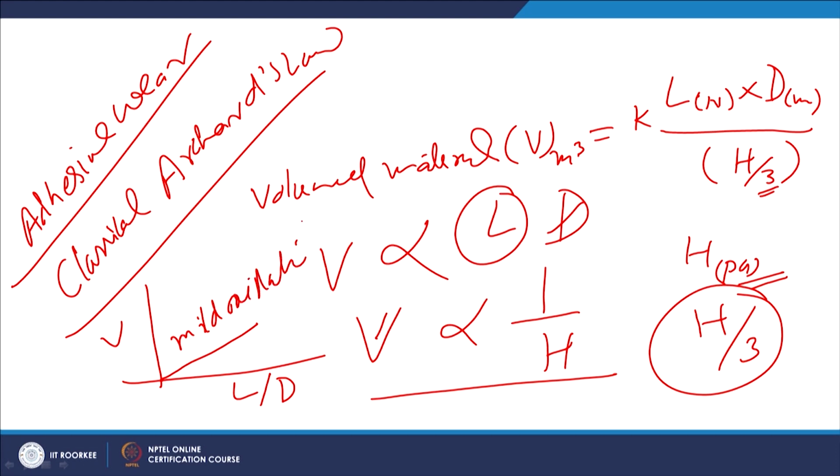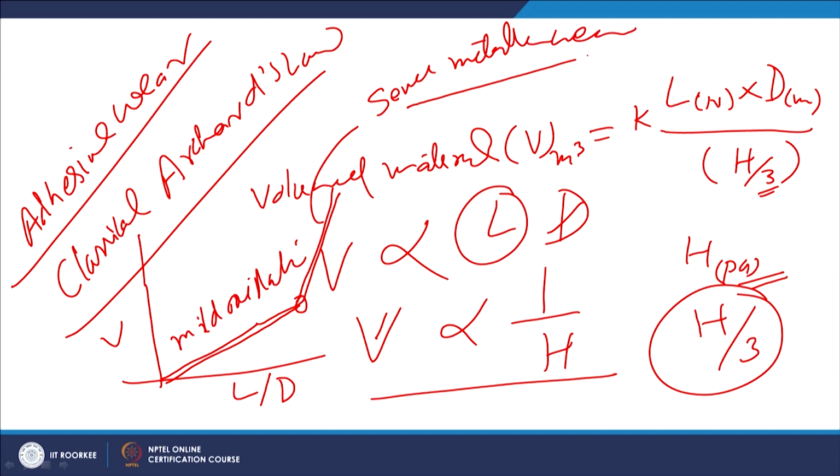If there is any change in the wear mechanism from mild to severe, then there will be another wear rate which will be governing the wear volume. So, when the wear rate is increasing linearly up to a limit, and thereafter there is a sudden increase in the wear rate beyond a certain point, which suggests that there is a change in the mode of wear, and now the severe metallic wear mode has started.